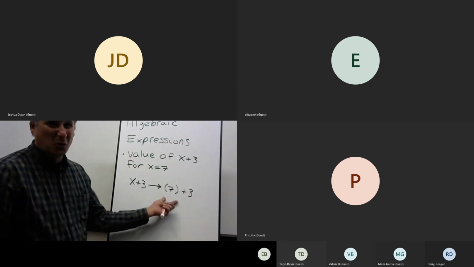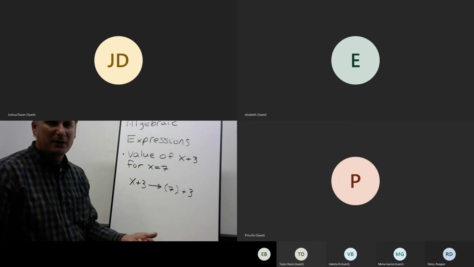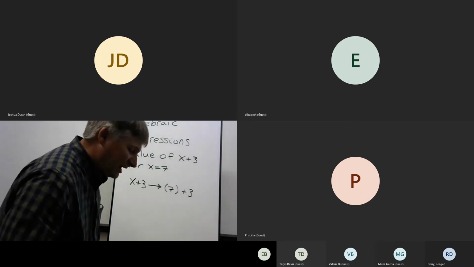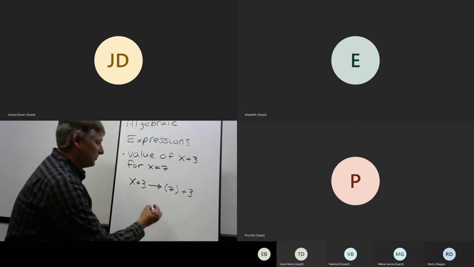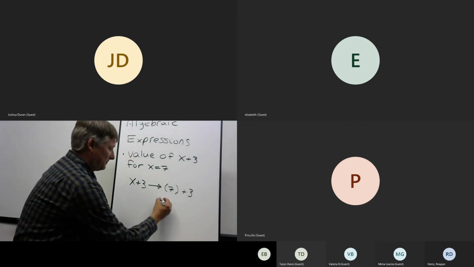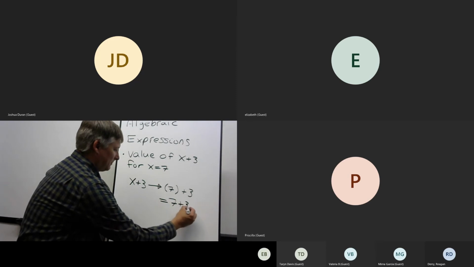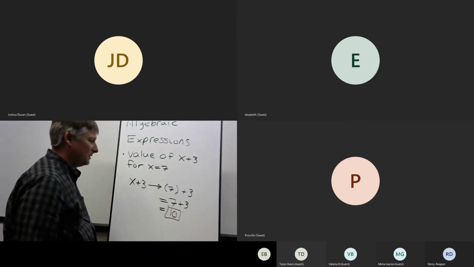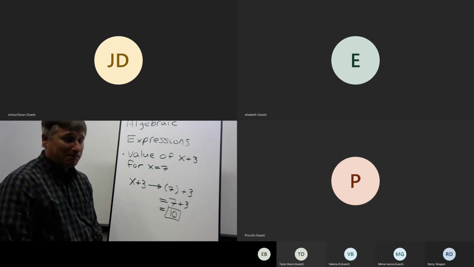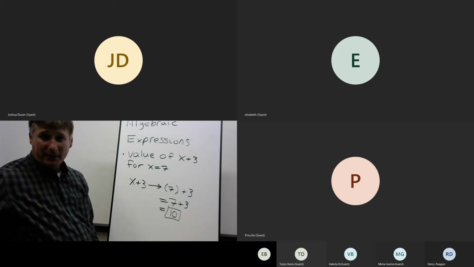And you can really ignore these parentheses. We don't have anything that we're multiplying this to on the outside. So it's really just kind of for decoration. So this is just 7 plus 3. So your answer is going to be 10. Now let's do something a little more complicated.